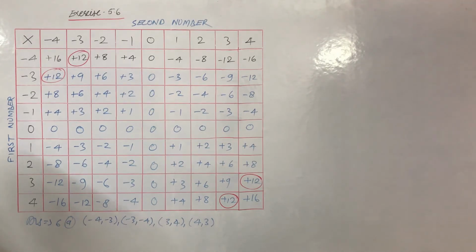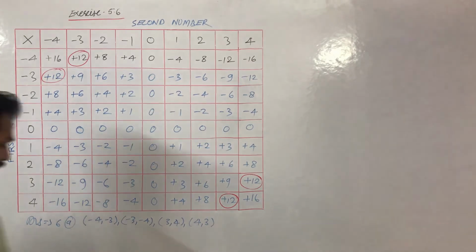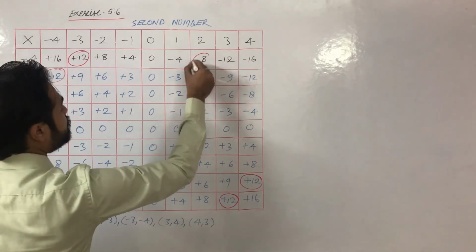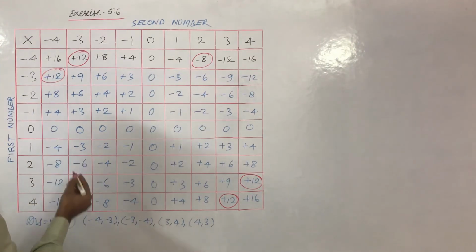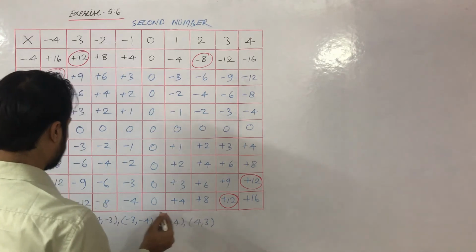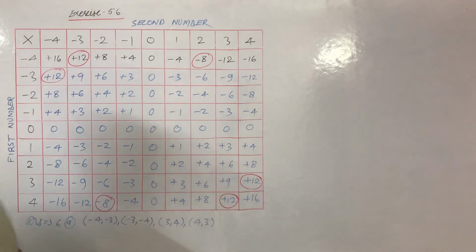Part B, list the pairs of integers whose product is minus 8. Similarly, this is minus 8, and we have one more value, yes, minus 8. So these are two values.